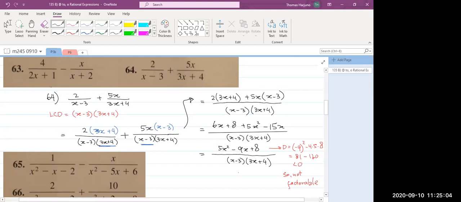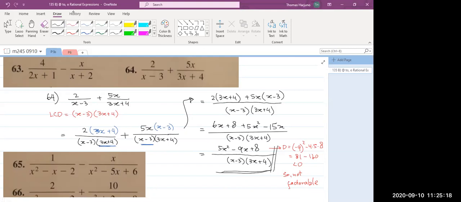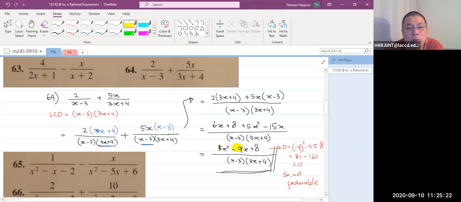Excuse me, Professor. Can you explain what you just did with the red writing? I computed the discriminant. The discriminant of the trinomial is b squared minus 4ac.